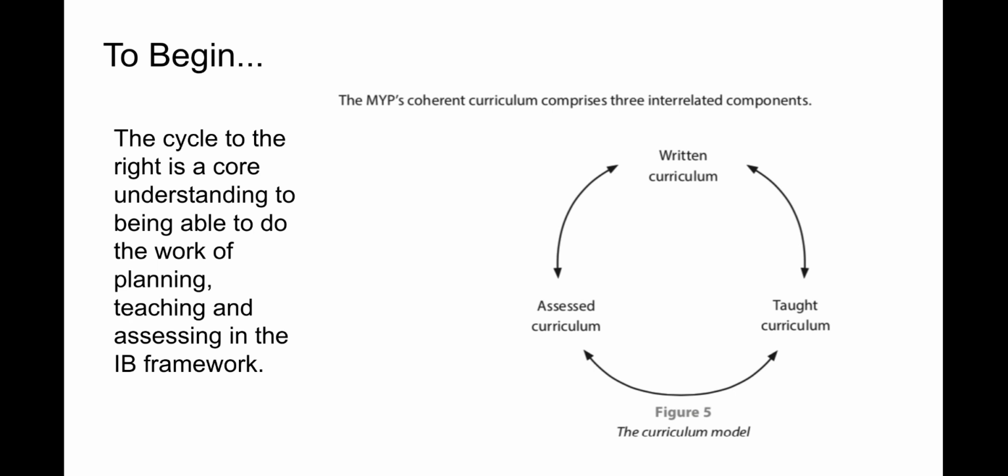This is the most important part. We have written, taught, and assessed curriculum, and you can see that the arrows go both ways. So it's a cycle. It's core understanding to be able to do the work of planning, teaching, and assessment, all informed by each other. So as we are assessing the curriculum, we're tweaking and rewriting.